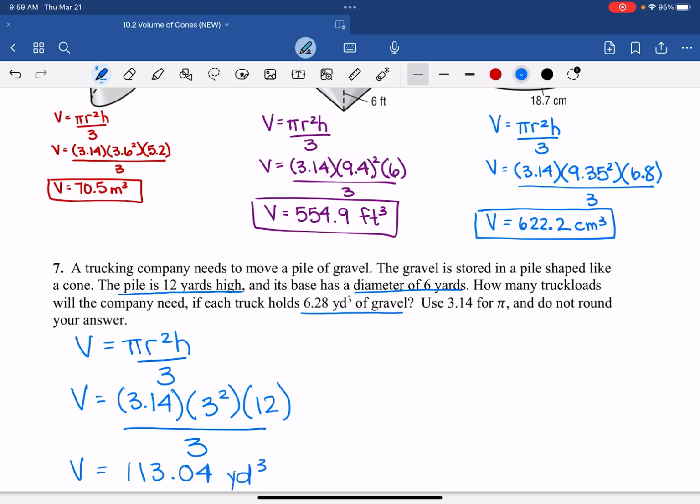Notice the directions say to not round it, so I just left it as exactly what I got. And then if each truck holds 6.28 cubic yards of gravel, I'm going to take the total amount of gravel I have, and I'm going to divide it by 6.28, so that'll tell me how many truckloads I need, which turns out to be 18 loads.